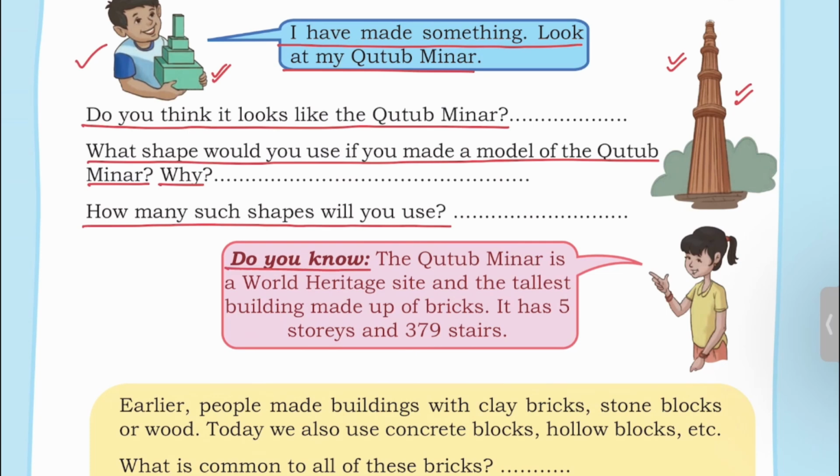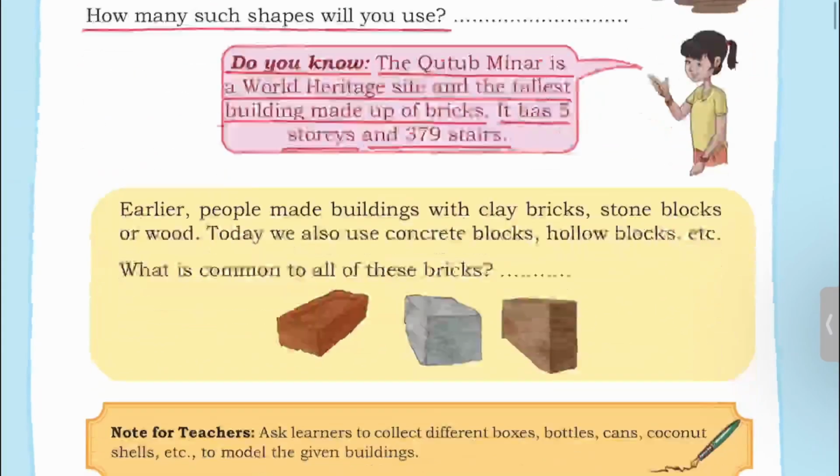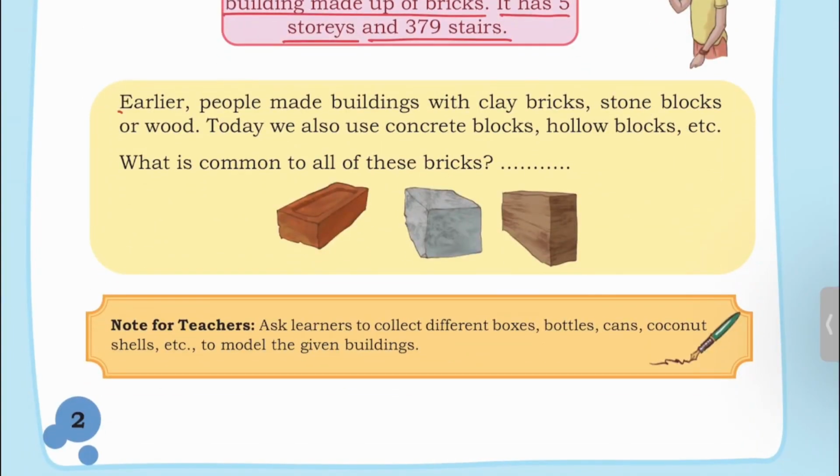Do you know the Qutub Minar is a World Heritage Site and the tallest building made up of bricks. It has 5 stories and 379 stairs. Earlier, people made buildings with clay bricks, stone blocks, or wood.